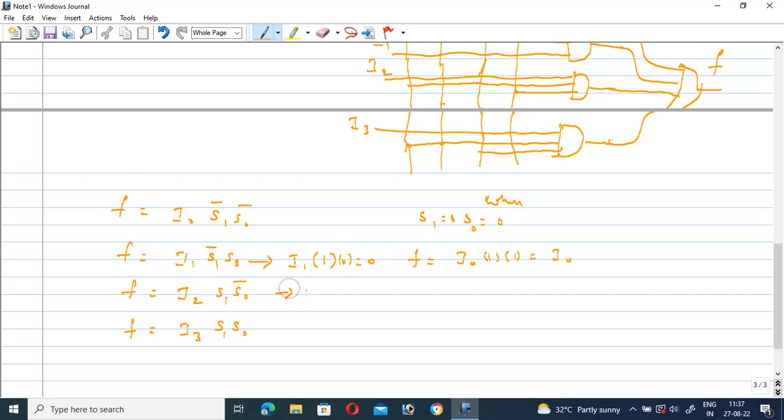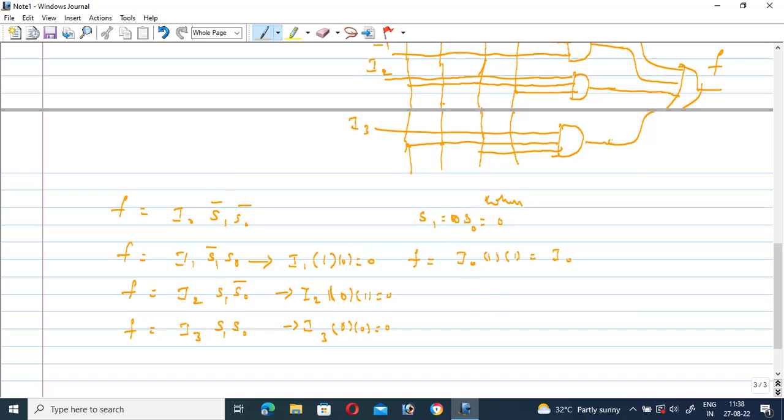For this case also, I2 into S1 is equal to 0, 1, so this is also equal to 0. For this case also, I3, both are 0, 0. So for S0 equal to 0 and S1 equal to 0, it selects only the I0 value. All the remaining values are going to be 0.